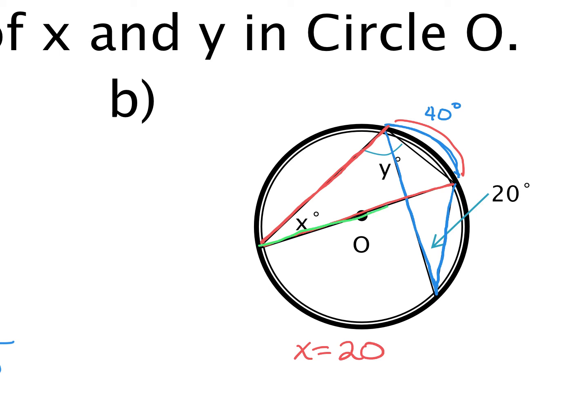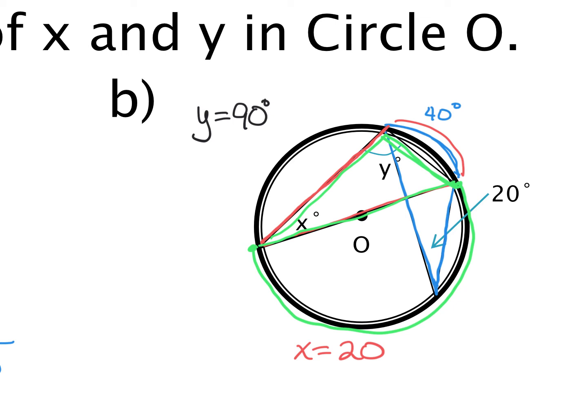If this is the diameter, then the endpoints here form the semicircle arc, and then the inscribed angle that would be opposite would be this y. So y is 90 degrees. So you could either have used the inscribed right triangle theorem to find this. You could have used the fact that it was a semicircle arc, multiple different ways here. Pretty good on examples A and B.